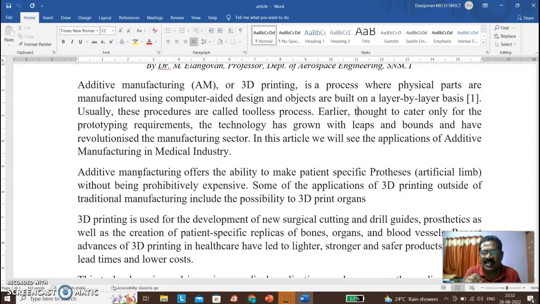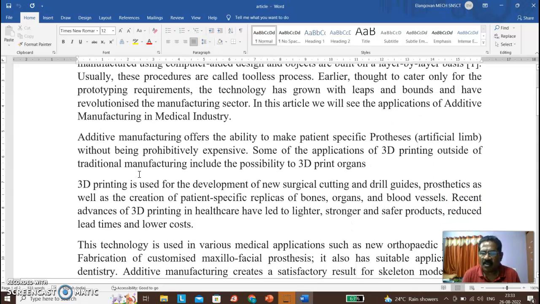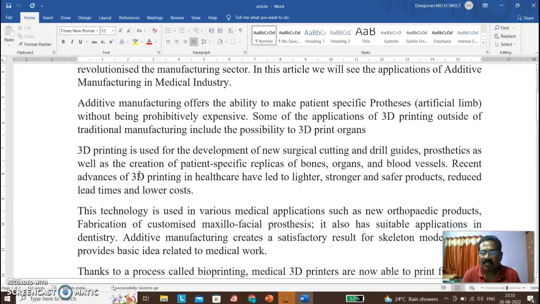Now, in the role of the medical industry, let us see what it is being used for: artificial limbs, and some of the applications are that you can print 3D organs. 3D printing is used for development of new surgical cutting and drill guides, prosthetics, as well as creation of patient-specific replicas of bones, organs, and blood vessels.